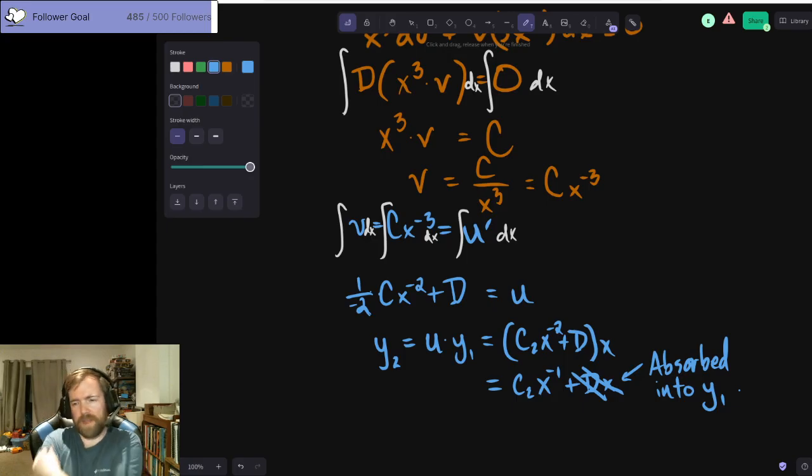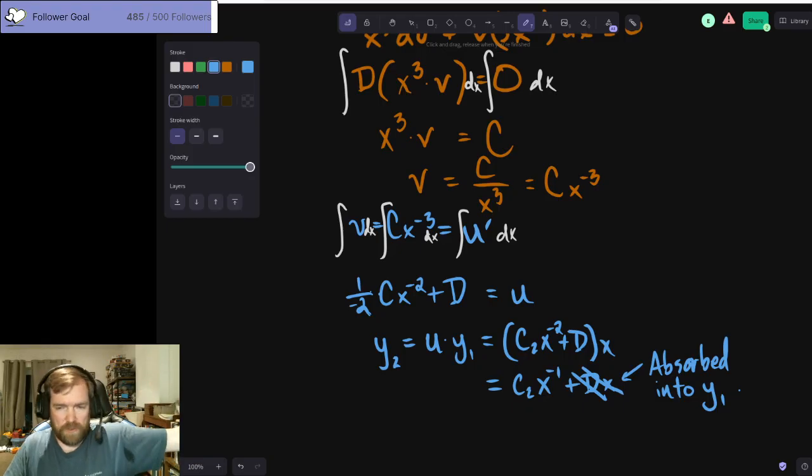Since it's going to be a linear combination, the constants are just going to combine, and we don't need to worry about it. And furthermore, our real goal here was to figure out what kind of function is going to set up our fundamental set of solutions. So we don't even need the constants out front, immediately. We can just say, look, this is going to be a 1 over x type function, and leave it at that.